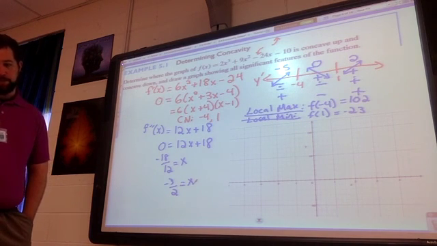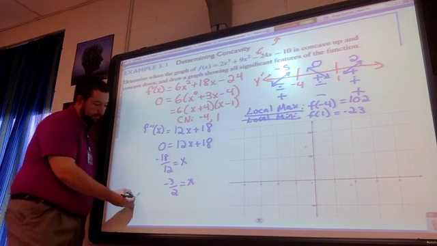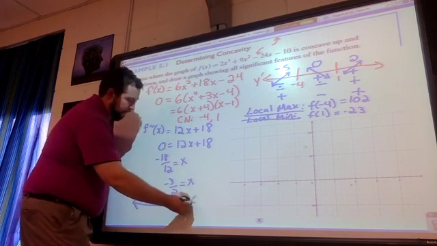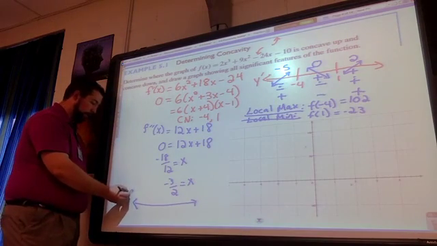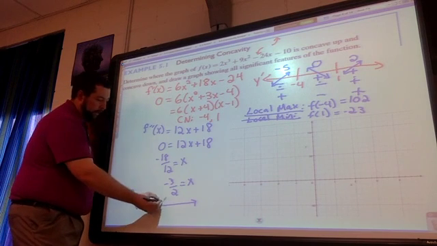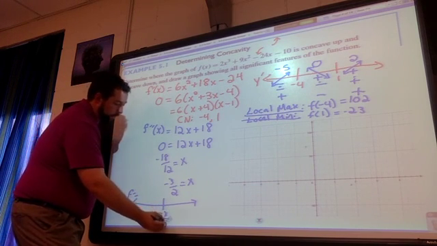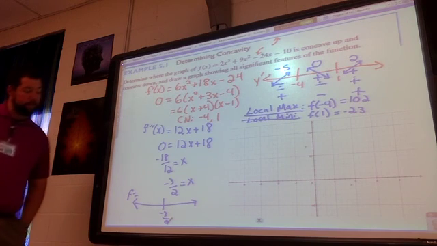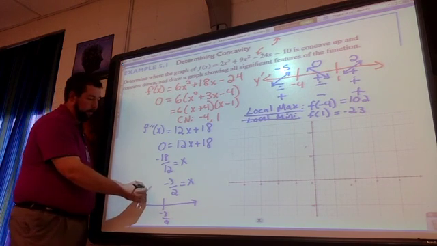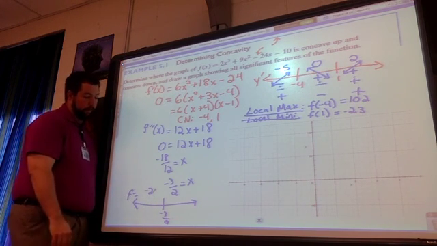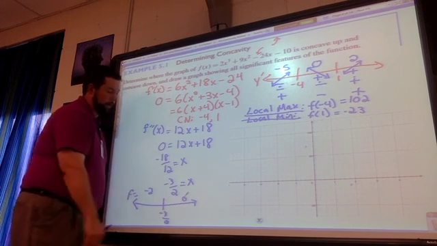All right. So if we do a little second derivative test on that, same as the first derivative except with the second derivative. We put our -3/2 on our number line. Something less than -3/2, like -2. Something greater than -3/2, like 0.